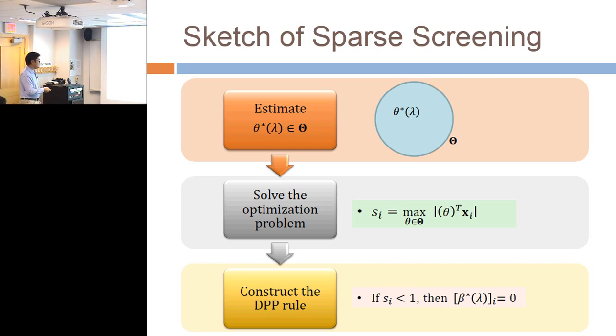So it's actually very easy to solve. And finally, we just determine if Si is strictly less than 1 or not. If Si is strictly less than 1, then we can conclude that the corresponding component in the coefficient vector must be 0, and the corresponding features can be removed from the optimization.